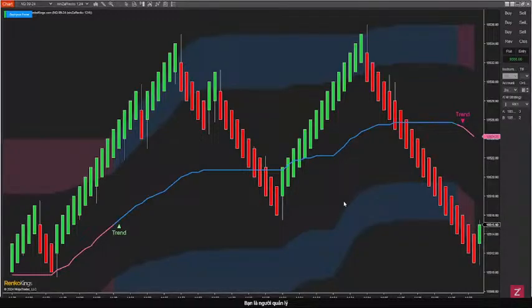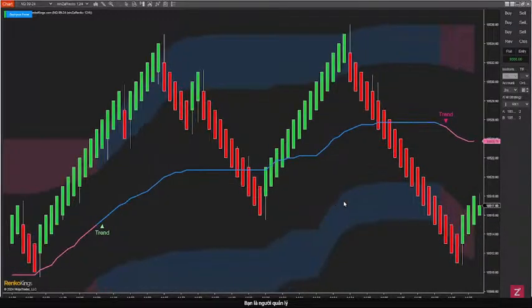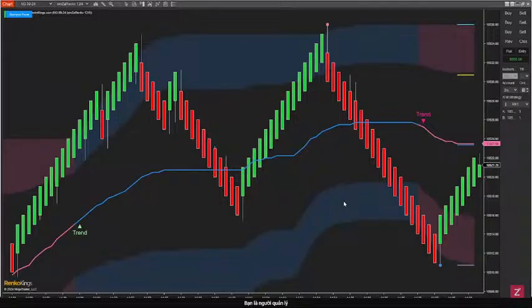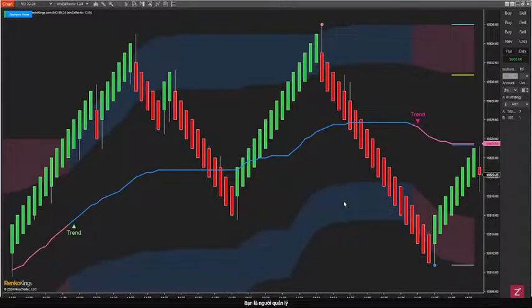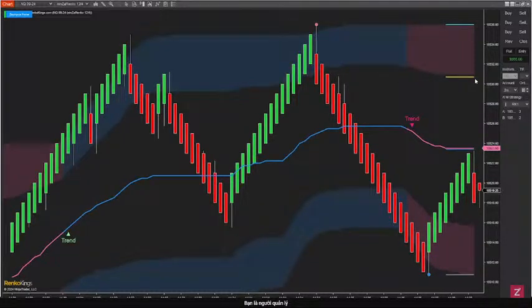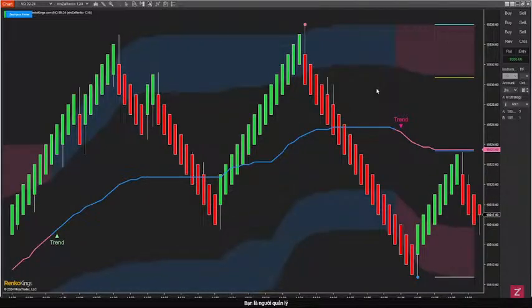And now it's going to wait for a retracement for a short signal. So it draws for you where it wants that retracement to go to. And didn't quite get there.